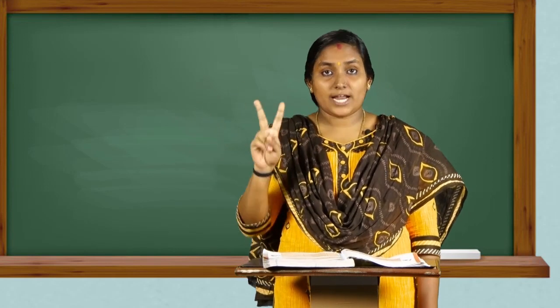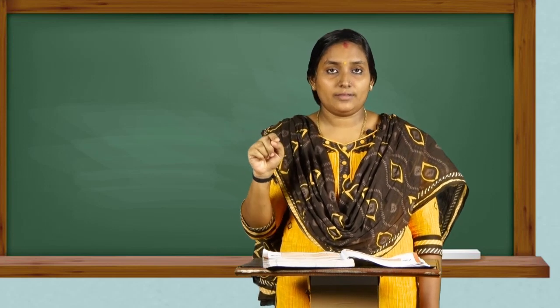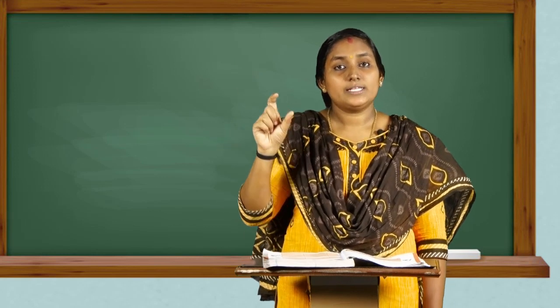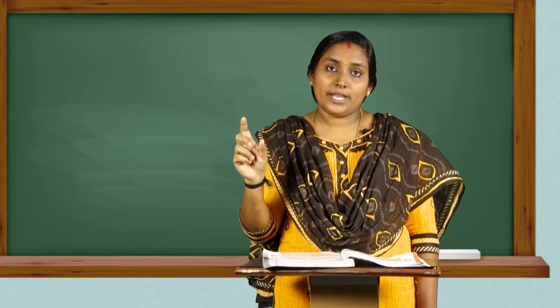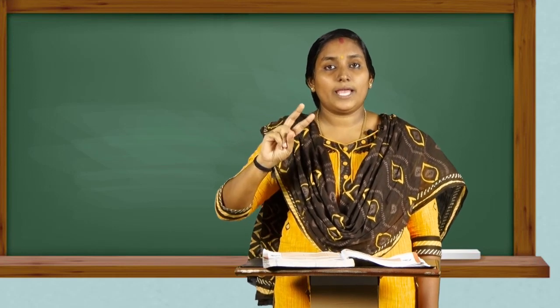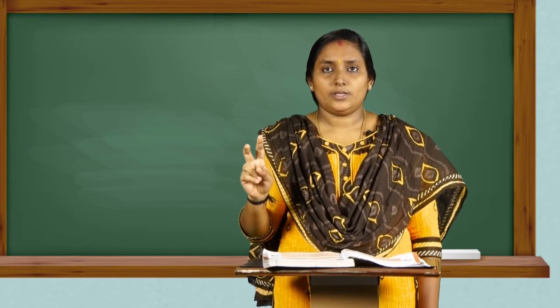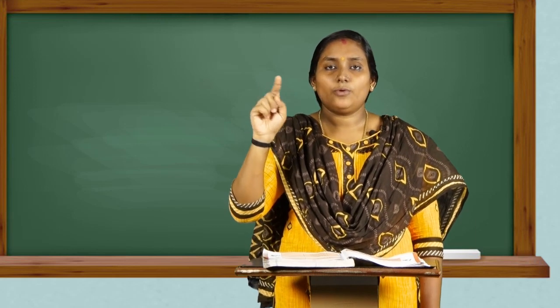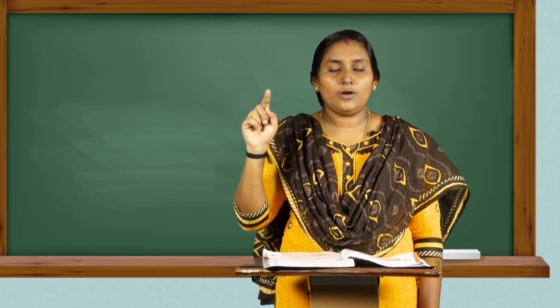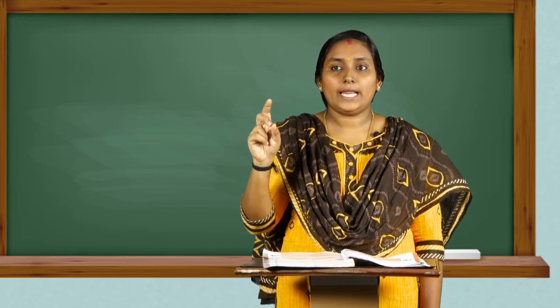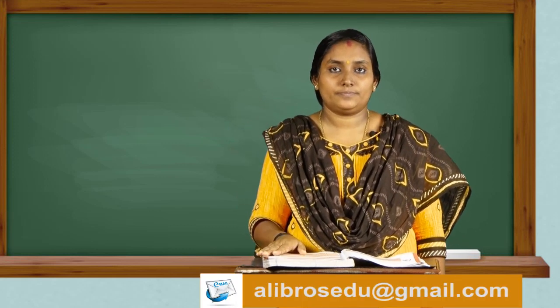While multiplying two rational numbers, for example 7 by 3 into minus 6 by 5 is equal to minus 6 by 5 into 7 by 3. So we get the same answer. So it is commutative while multiplying two rational numbers. While dividing two rational numbers, 5 by 8 will not be equal to 8 by 5. So it is not commutative while dividing rational numbers.